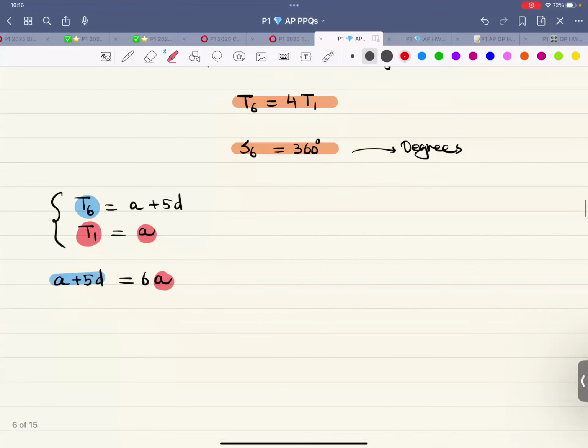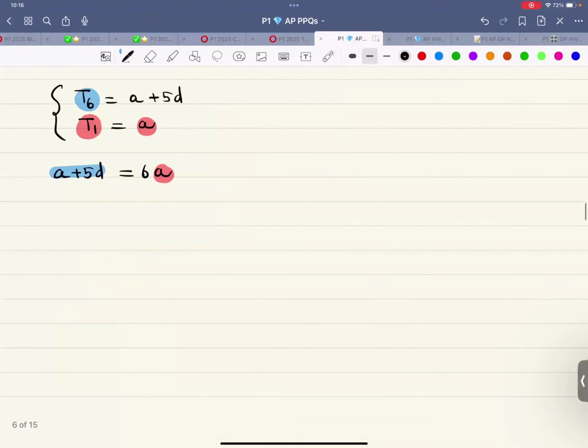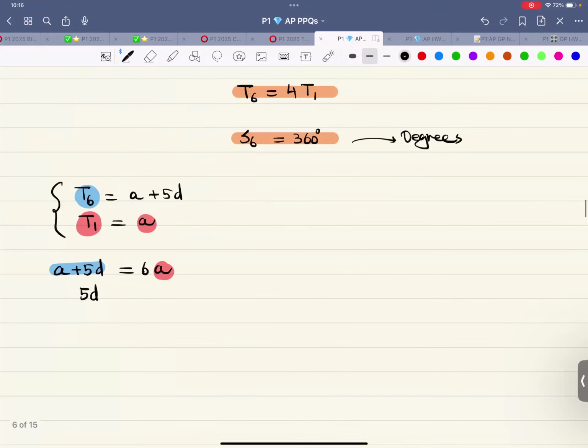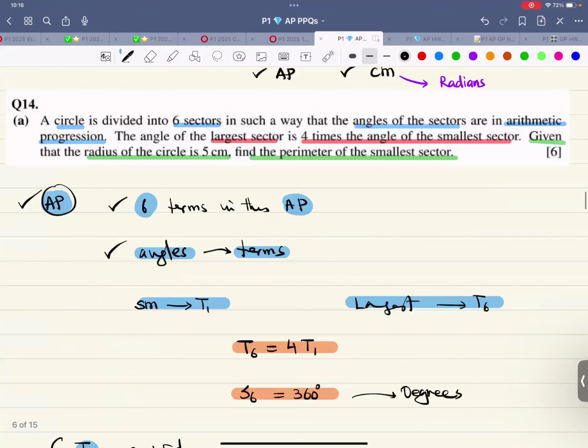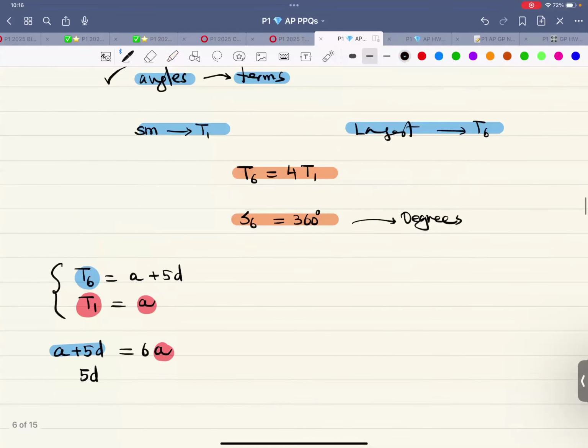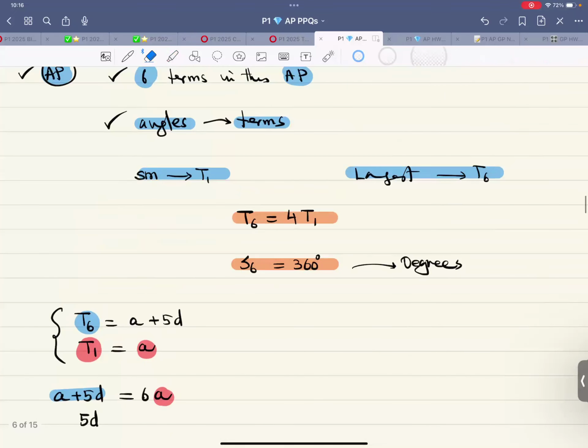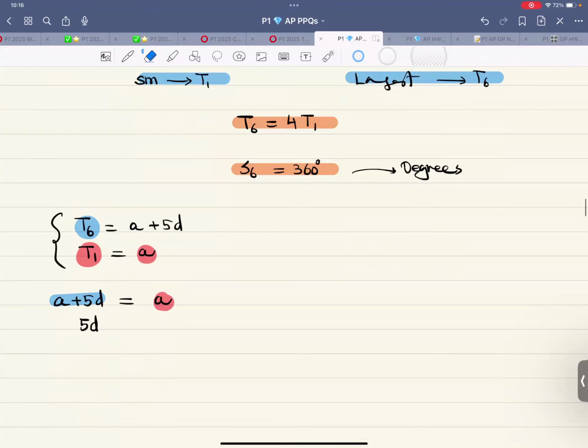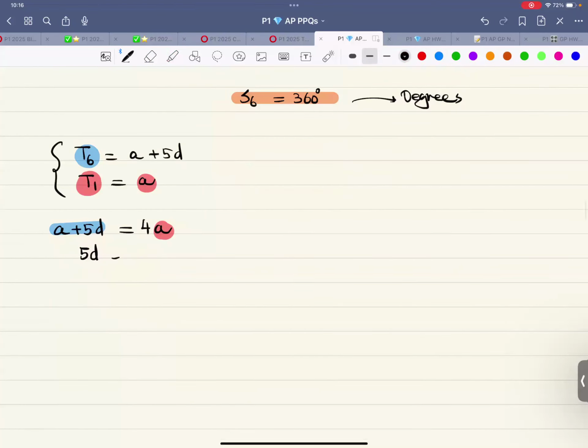The relationship is over there, it's 4 times. Therefore, 5D is equals to 3A. That is the equation that relates the two. So this is equation number 1.